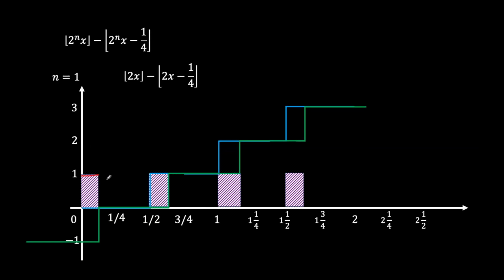So we're having these rectangles with a width changing from a quarter when n is equal to 0. It changes to an eighth when n is equal to 1. When n equals 2, it changes to 1 over 16, but the height remains to be 1.